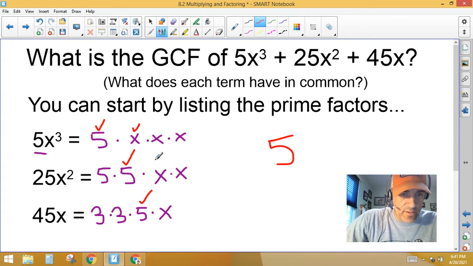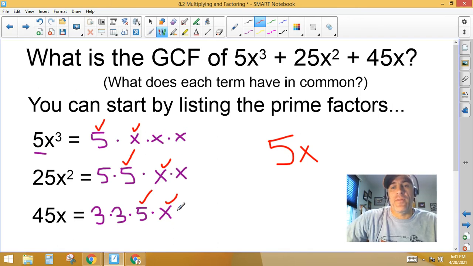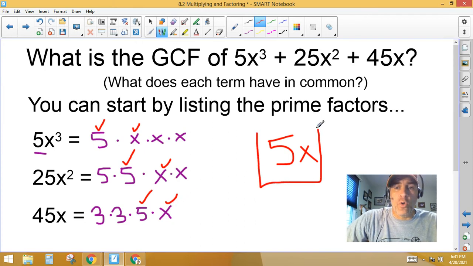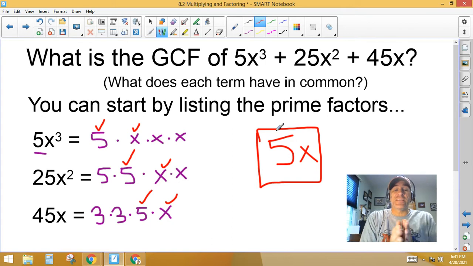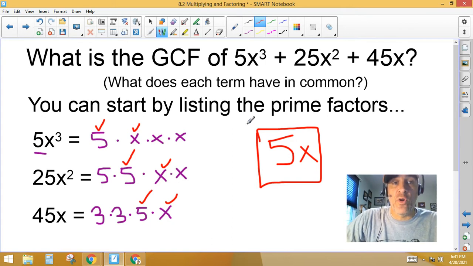Here's an x. Here's an x. Here's an x. They all have one x. Do they all have a second x? Well, the first one has a second x, and the second one has a second x, but the third one doesn't. So that's it. I have to find items that are in all three lists. So 5x is our GCF of that trinomial right there.